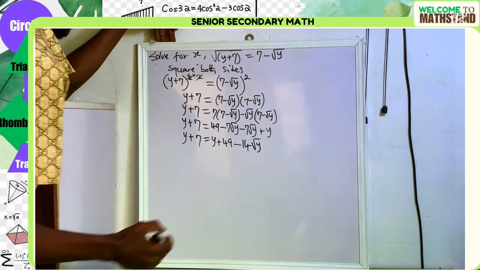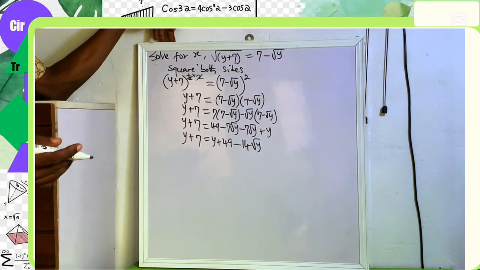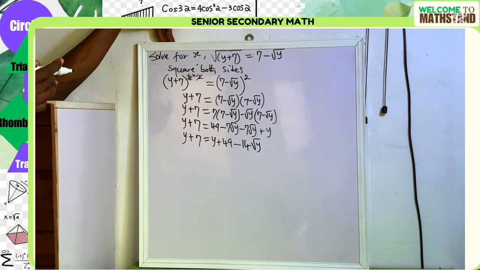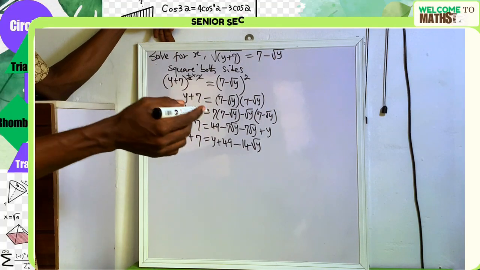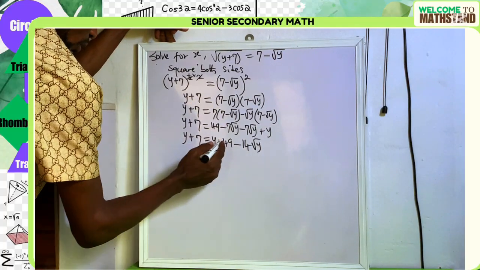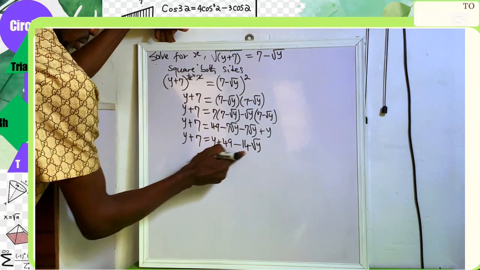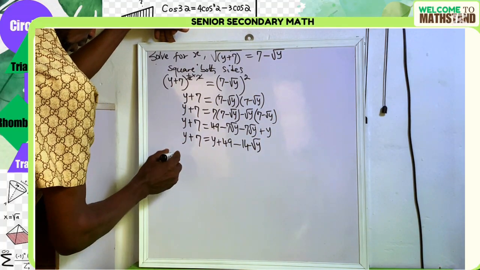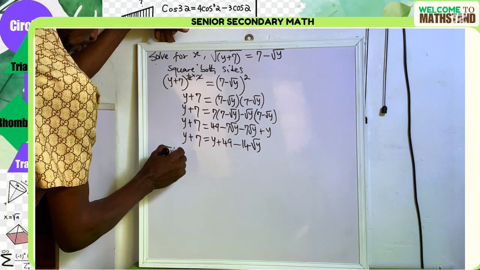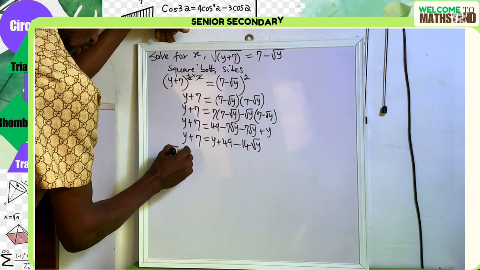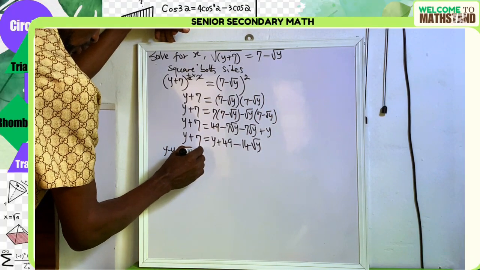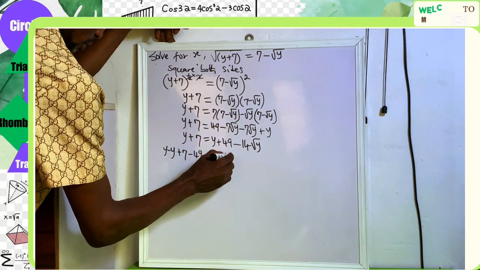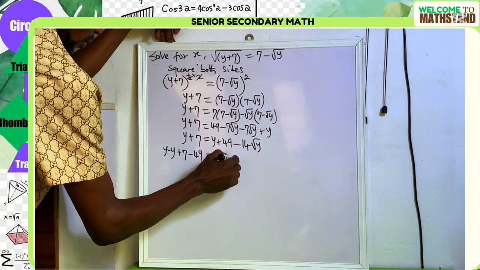So let's collect the rational to one side of the equation and irrational to one side. These are rational, this one is irrational. So collecting here will be y minus y plus 7 minus 49. Here minus 14 square root of y.